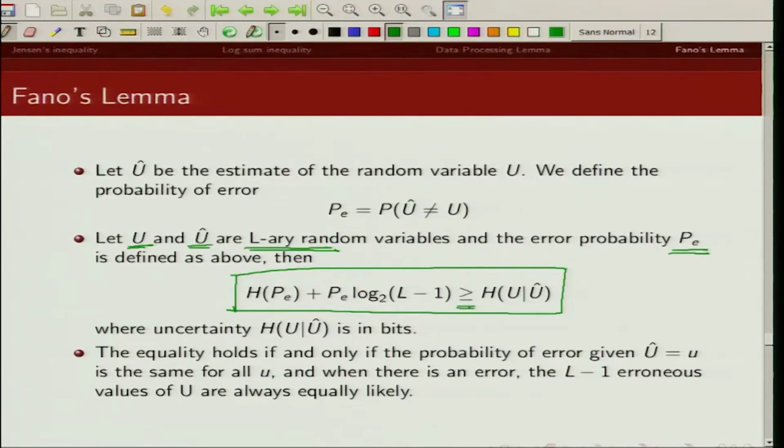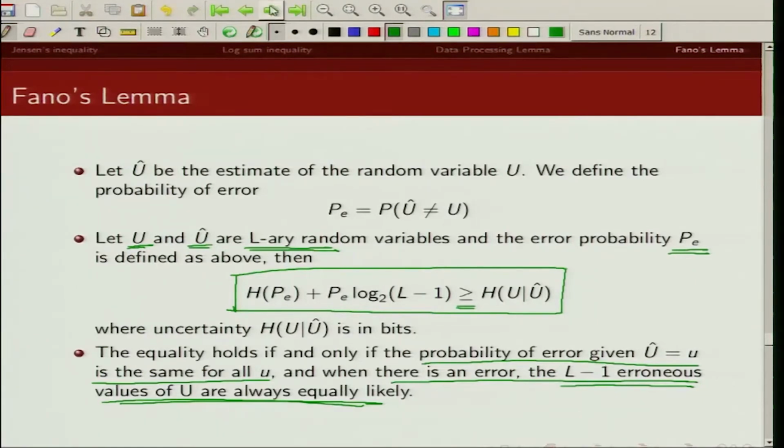The equality holds if and only if the probability of error given u hat is u is the same for all u, and if there is an error, all L minus 1 erroneous values are equally likely to happen. So Fano's lemma links the probability of error to the uncertainty in u given the estimate u hat that we are getting.